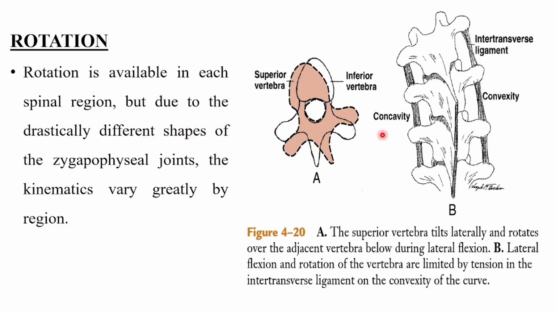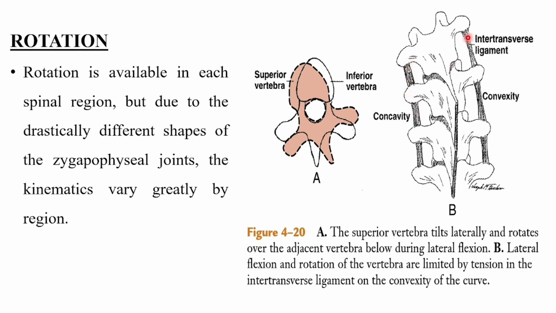So in this diagram, you can see here, this is the intertransverse ligament. This is the lateral bending or lateral flexion towards your left side. During lateral flexion towards your left side, you can see here the intertransverse ligament of your opposite or contralateral side will be getting stretched, and the intertransverse ligament of the same side, towards your concavity, will be getting slack.